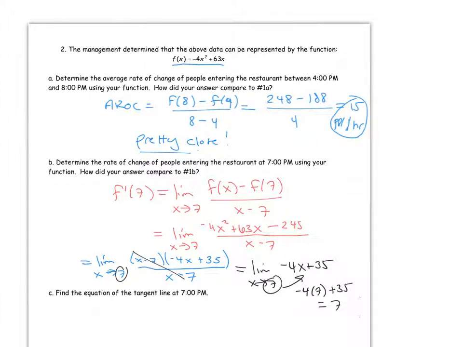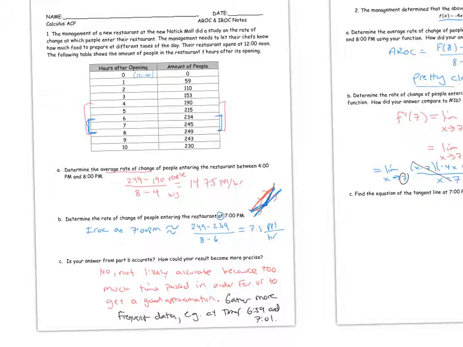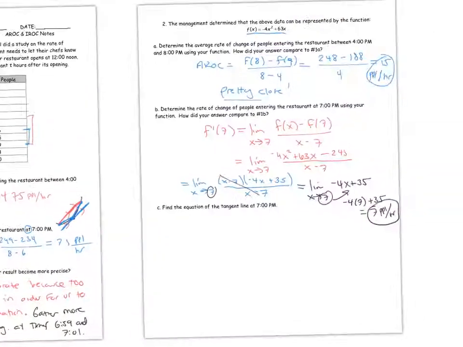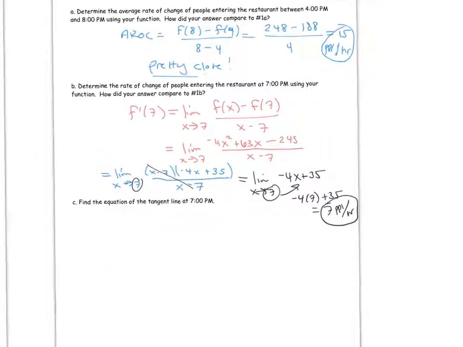People per hour. Okay, and it probably asks us to compare that to what we got over in 1b, and if we look back, we see in 1b, pretty close, right? 7.5 was our estimate, and the model gives 7. So it's a pretty good model.